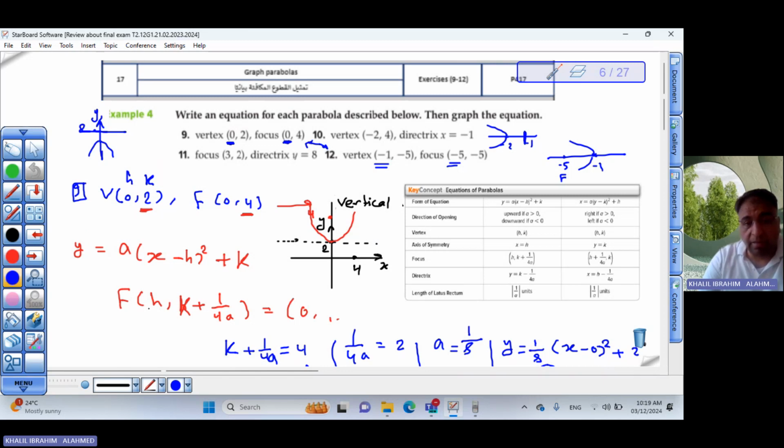And the focus is h, k plus 1 over 4a. The focus is 0,4. Just substitute. This is how to find h and how to find k. H is the same, didn't change, h is 0, but k equals 2.